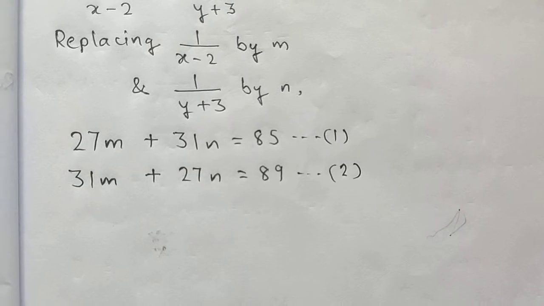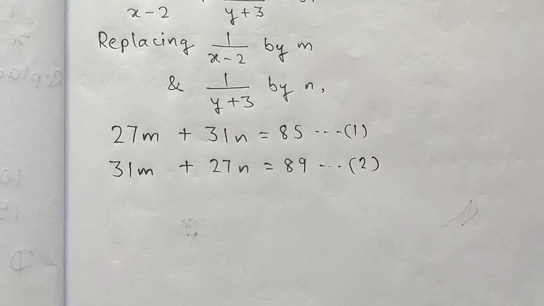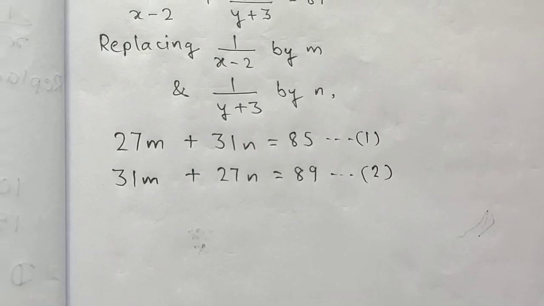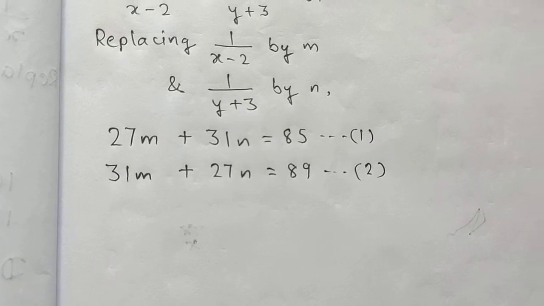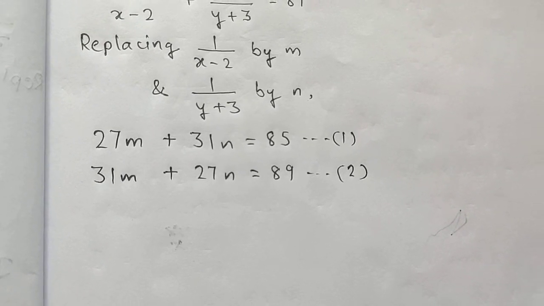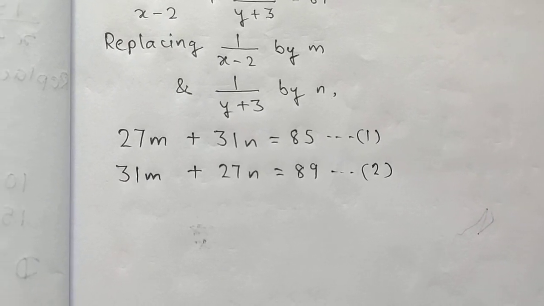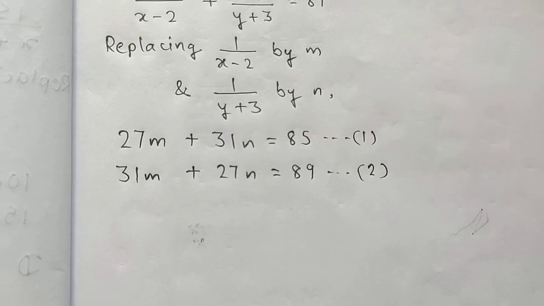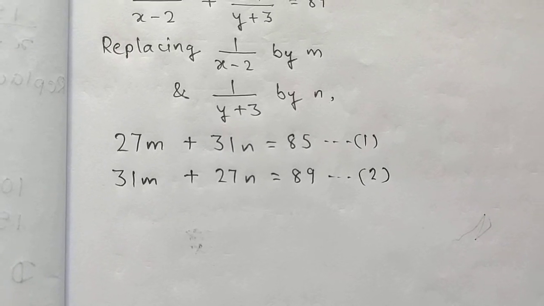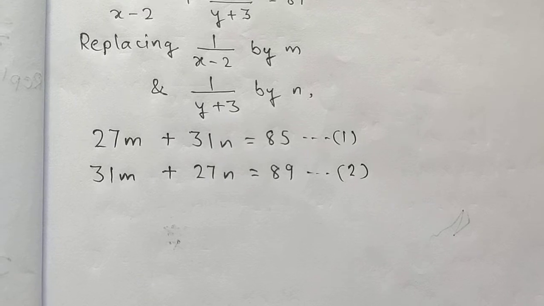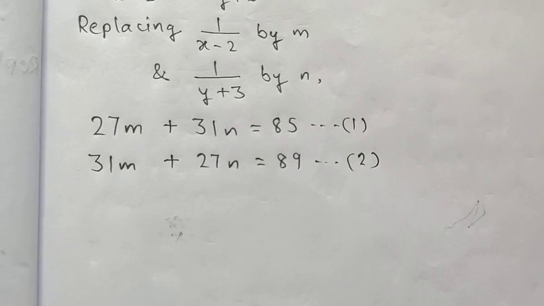This type of equations can be solved by adding, subtracting and then again adding. So we are going to first add these two equations, then subtract these two equations, and then finally add and we will get our answer. So let us do that.